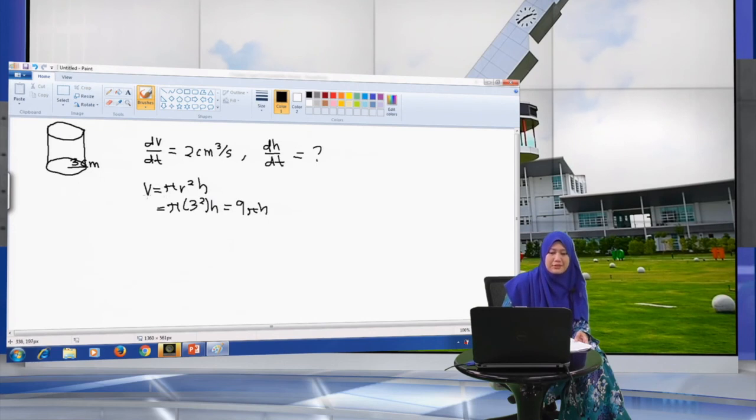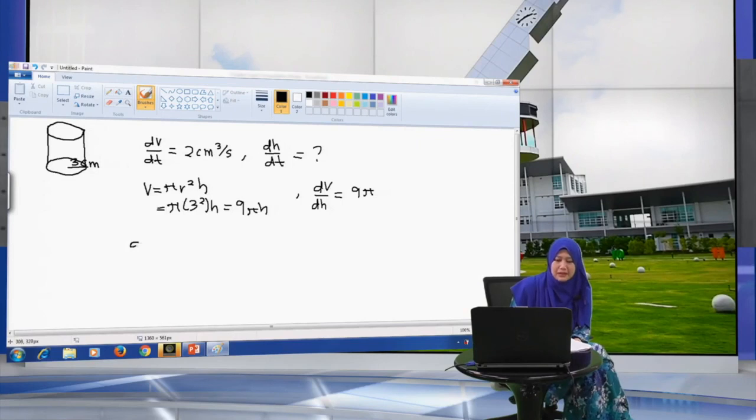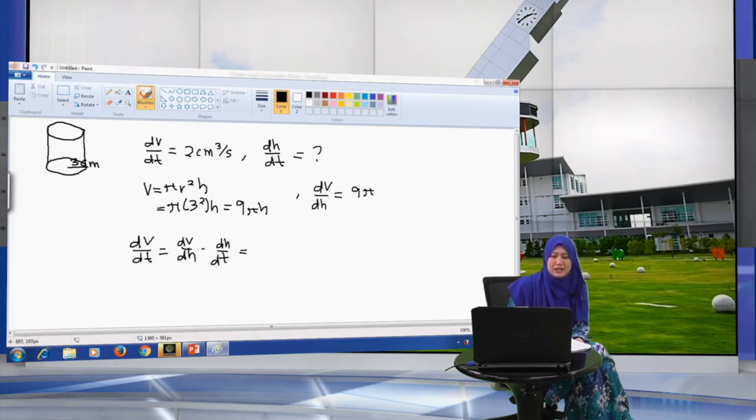Okay, now you have V equals 9 pi h, so you can find dV/dh, which is equal to 9 pi. Okay, the chain rule here is dV/dt equals dV/dh times dh/dt. dV/dh is given here, we calculated before, 9 pi.